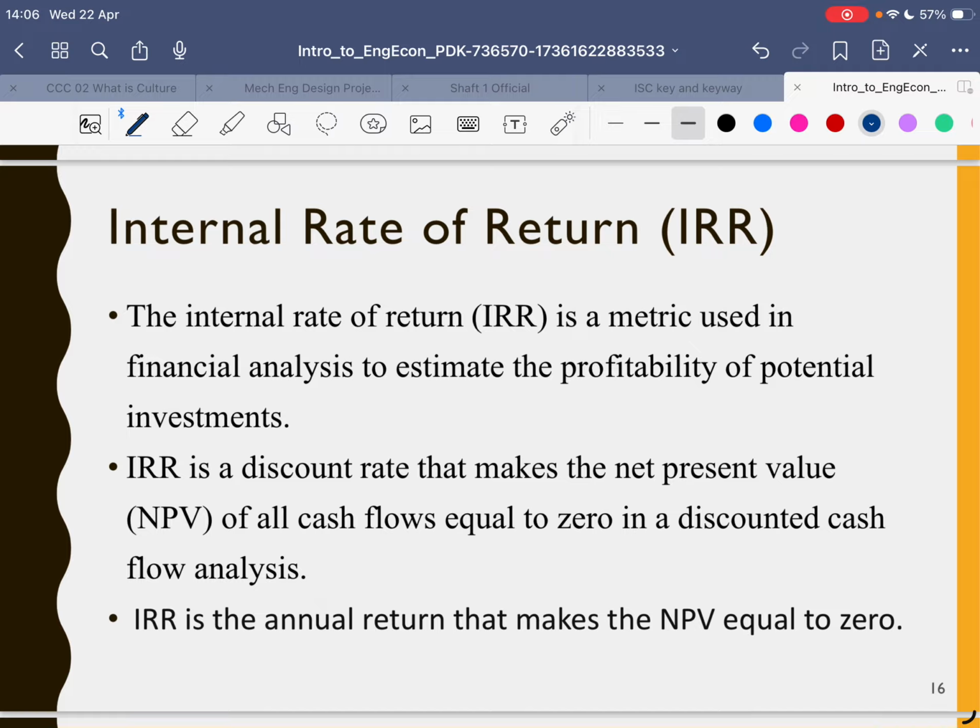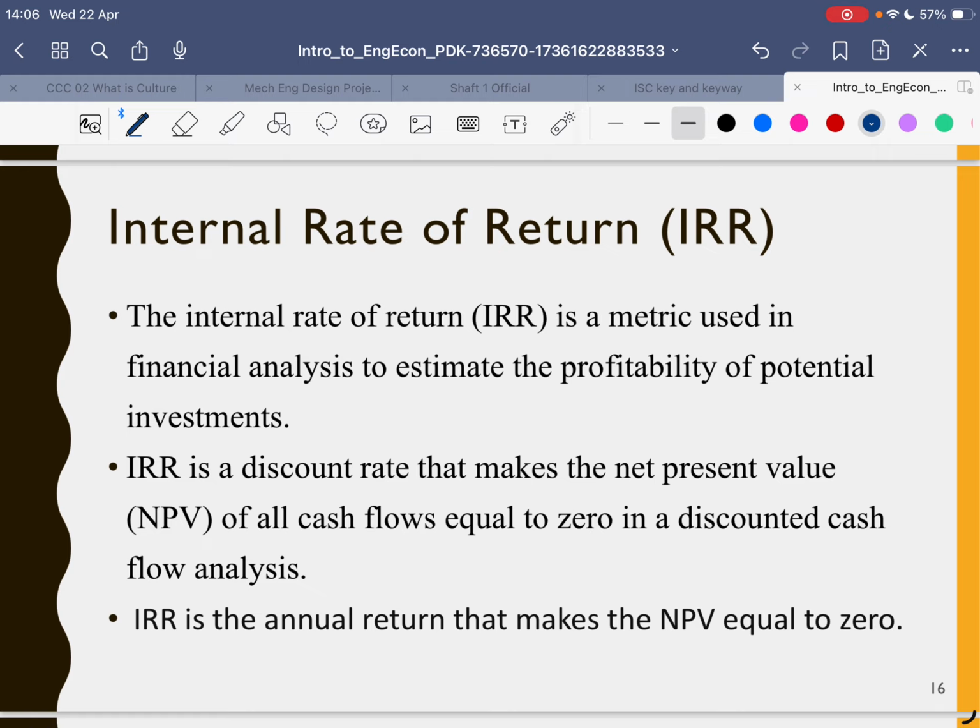Let's see the example and you will be very clear. Let me draw a picture here as well. So, for example, you have a timeline like this, and you have the initial investment at year 0, and then years 1, 2, 3, 4, 5.